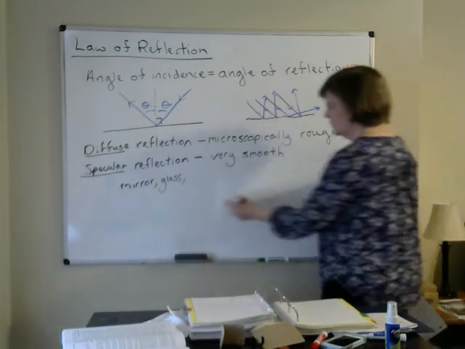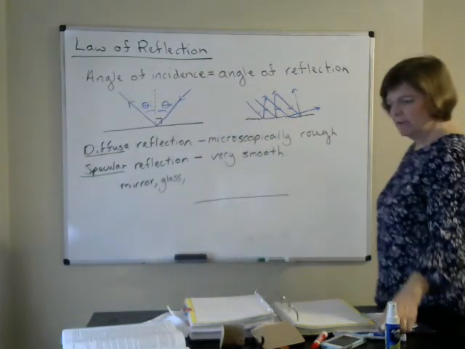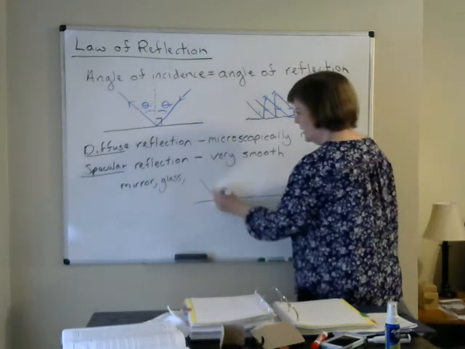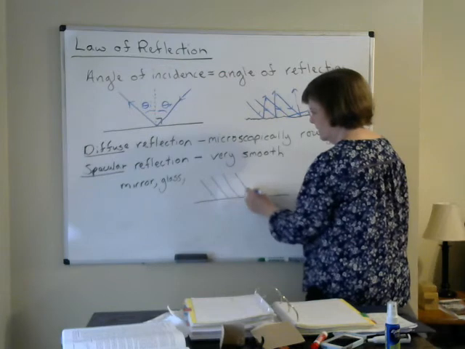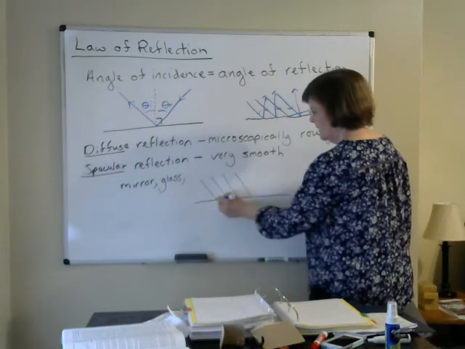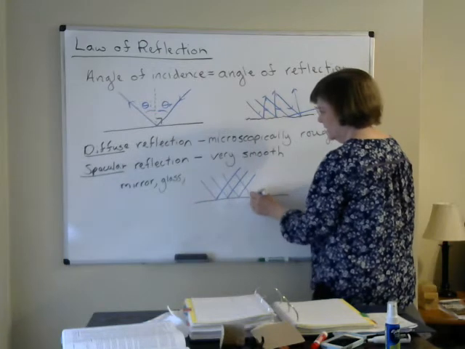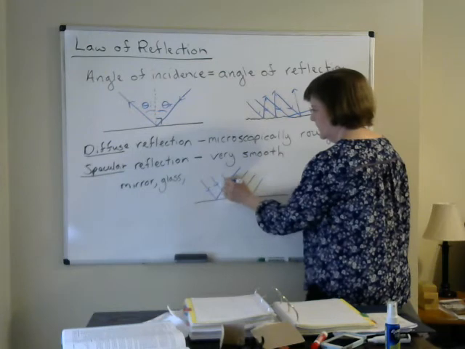In specular reflection, microscopically, it's really still very smooth. And so if we have a beam of parallel rays, they will in fact all reflect in the exact same direction.